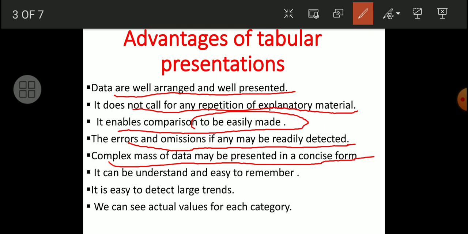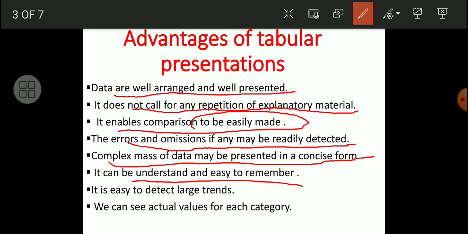With the help of that, it is very easy to write in a concise form with the help of tables. Now it can be understood and is easy to remember. We can easily understand what type of data is there or which type of conclusion is to be drawn from it. So it is easy to remember and keep in mind.